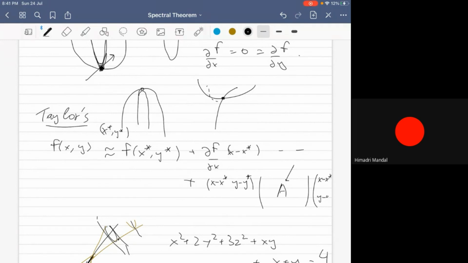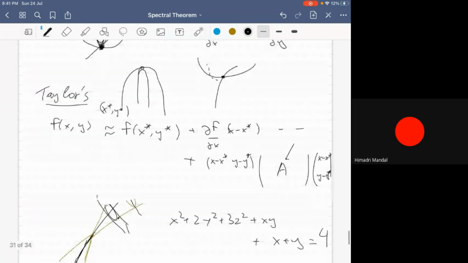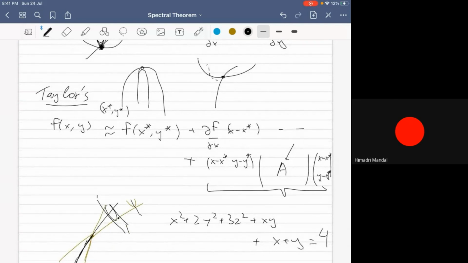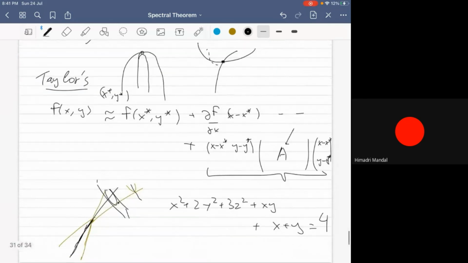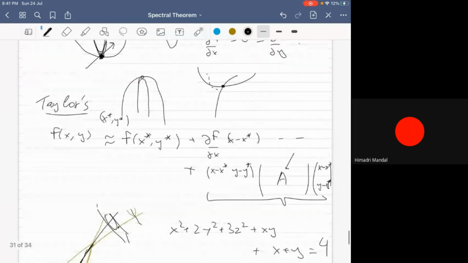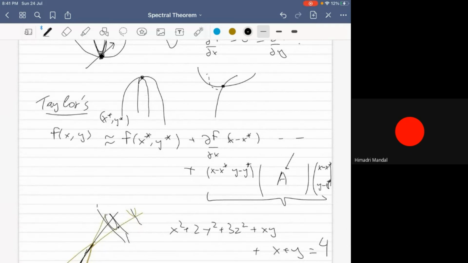So in that sort of optimization also, we need to figure out whether this quadratic form is always positive or always negative, to check whether we have a local maxima or minima. And in that case also, the spectral theorem comes in handy. So we can diagonalize this, and then you can check that this is always positive if and only if the diagonal matrix has positive entries, and always negative if the diagonal matrix has negative entries.